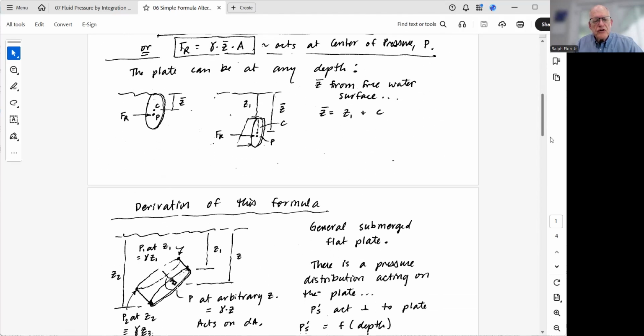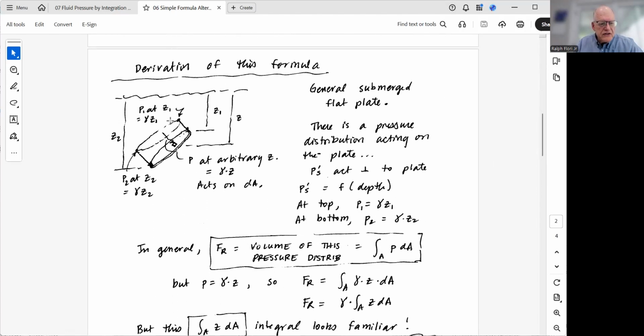The pressure distribution on this kind of plate, this is an example. So this is basically a circular plate, and the pressure varies with depth on that plate. And we don't have a formula that gives us the volume of that pressure distribution.